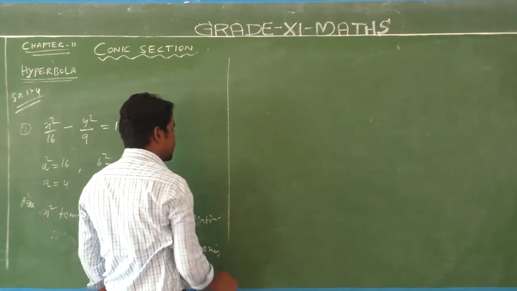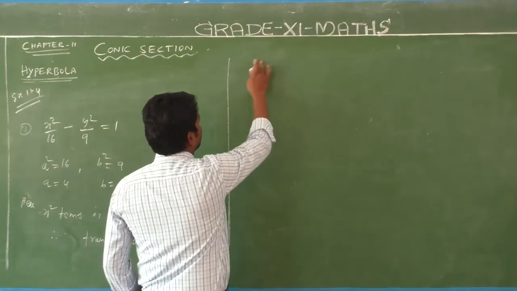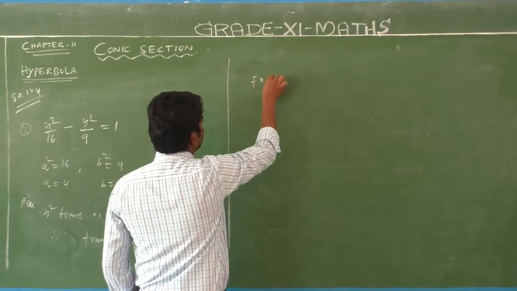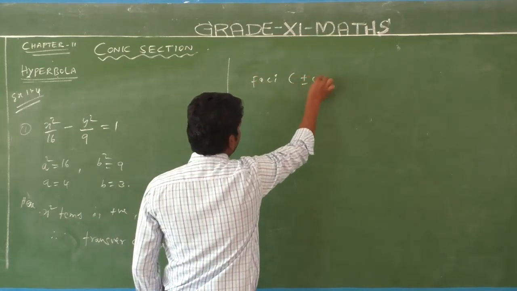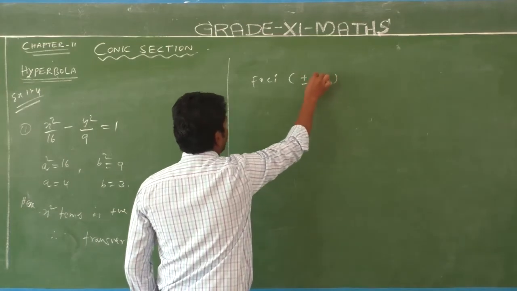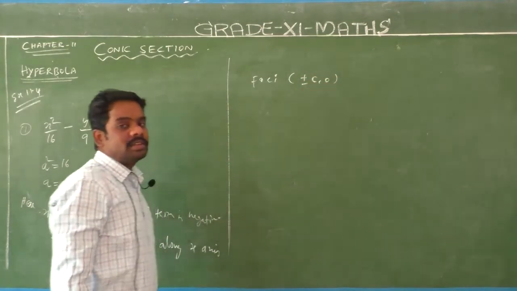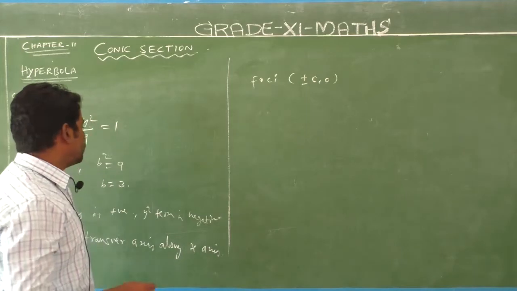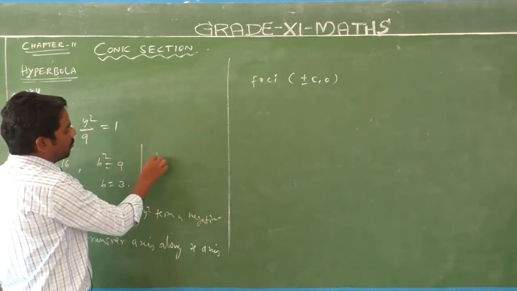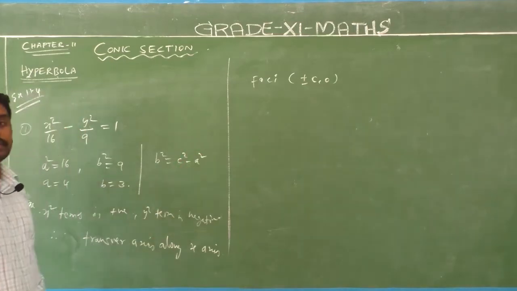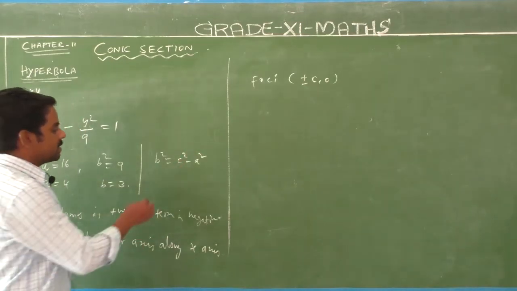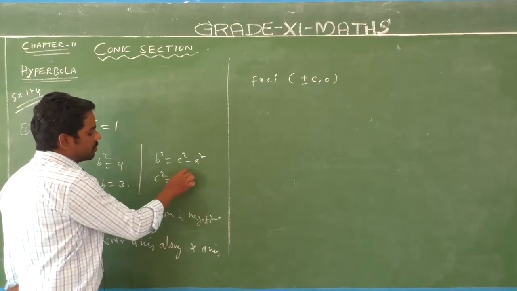We need the foci. The foci formula is plus or minus c comma 0. You know c squared is equal to a squared plus b squared.